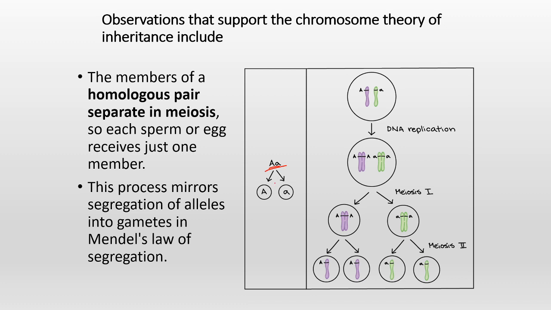Just like alleles, we had capital A, small a segregating into 2 different gametes, each gamete containing either the dominant form of the allele or the recessive form of the allele, or if it is in a homozygous condition, each gamete is going to receive only one copy of the allele. So similarly, the chromosomes also behave. We have a pair of chromosomes, and when they undergo gamete formation, that is meiosis, at the end, each of the gametes is going to contain only one copy of the chromosome and not a pair of the chromosome.